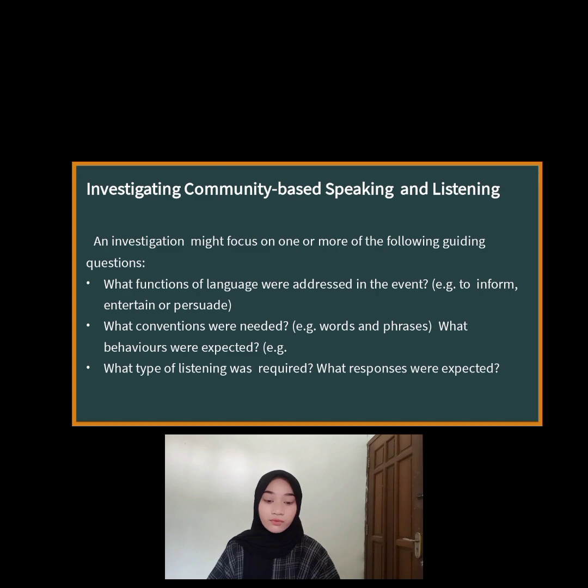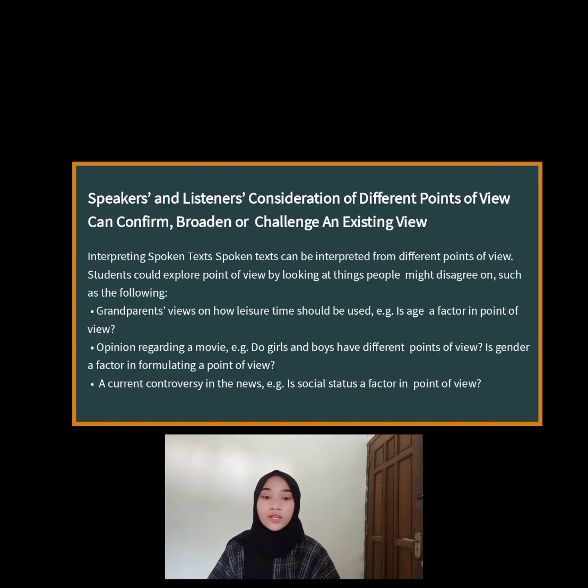What responses were given? Speaker and listener consideration of different points of view can be challenging and exciting. Interpreting spoken text: spoken text can be interpreted from different points of view. Students could explore points of view by looking at things people might disagree on, such as the following. One, grandparents' views on how leisure time should be used.